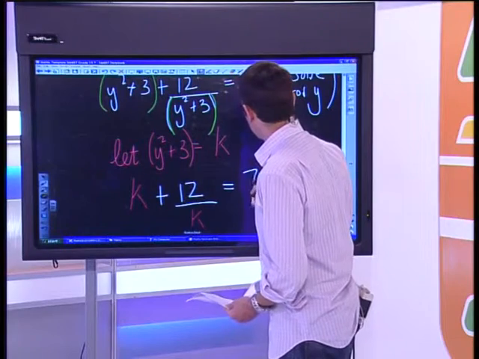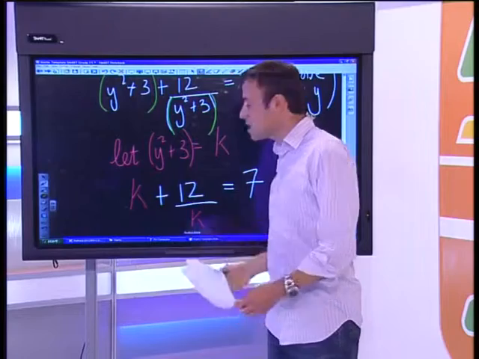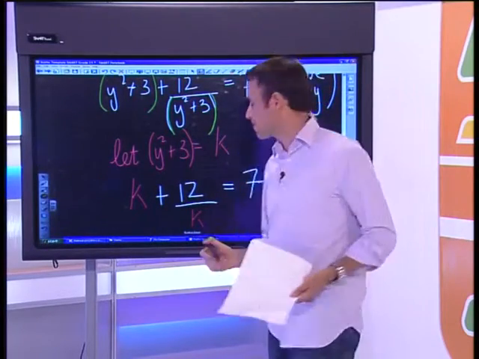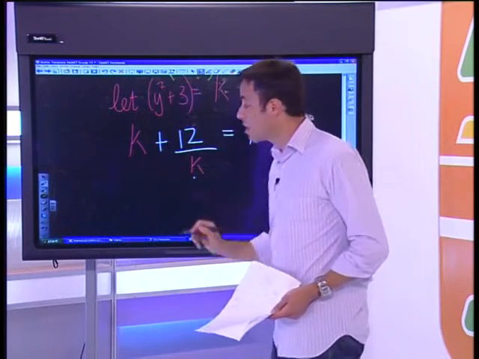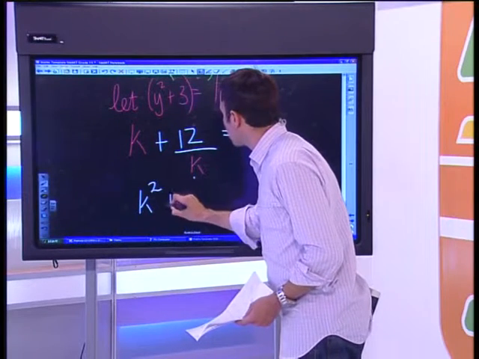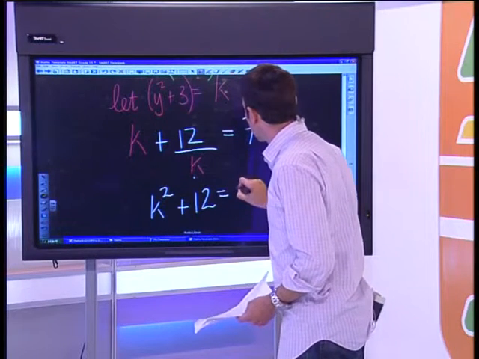And the next thing I do, because my work is now visual and I see that I've got LCDs in this question, I'm going to find an LCD. The LCD is k. I multiply through by that k, and I end up with k squared plus 12 equals 7k.